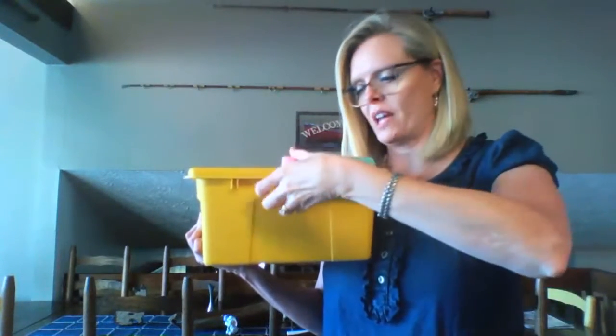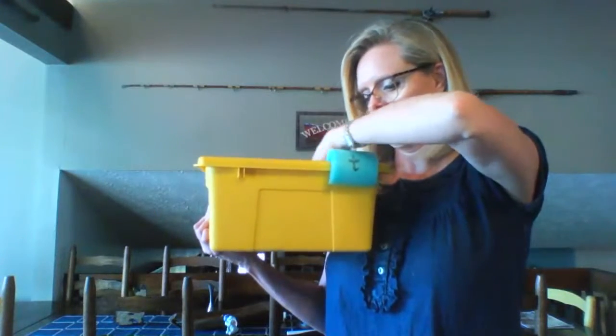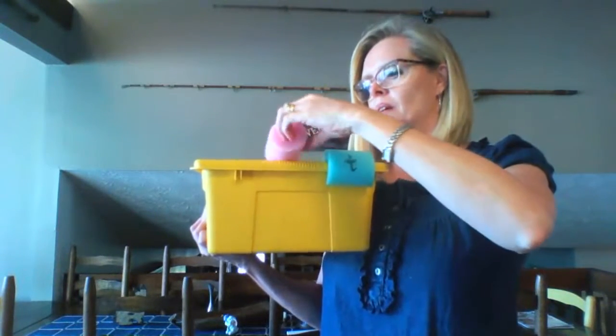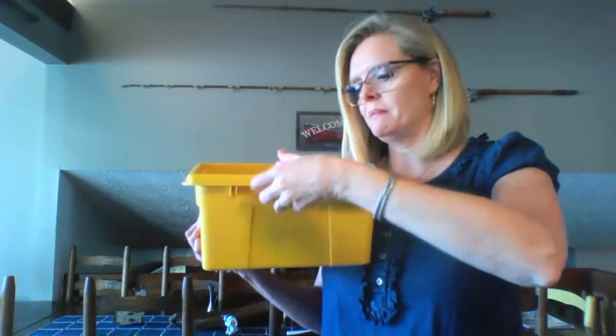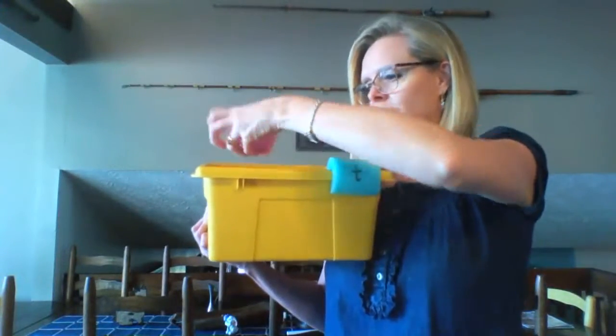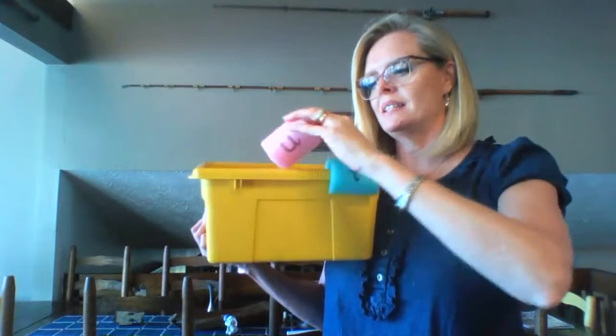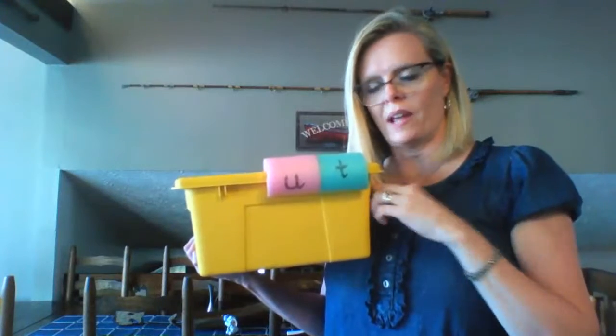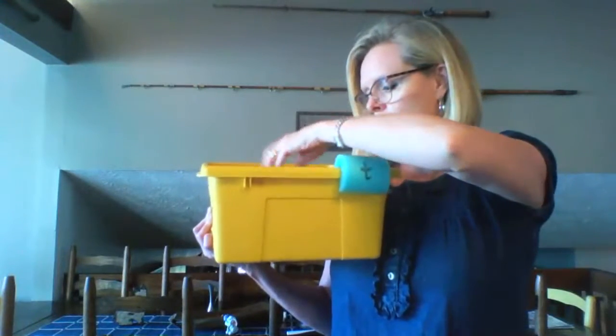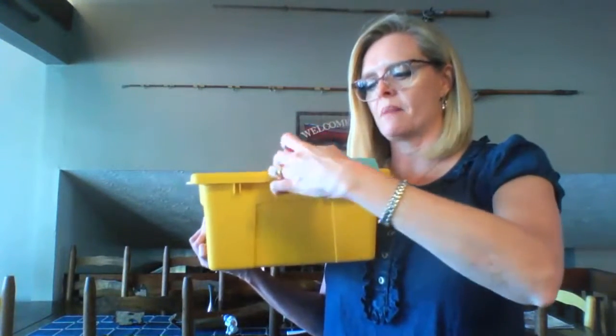Et is a word family. Ought is a word family. Ut is a word family. So we're going to start with the at family.